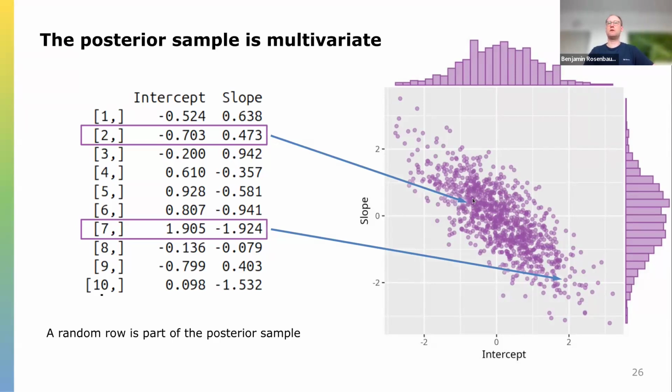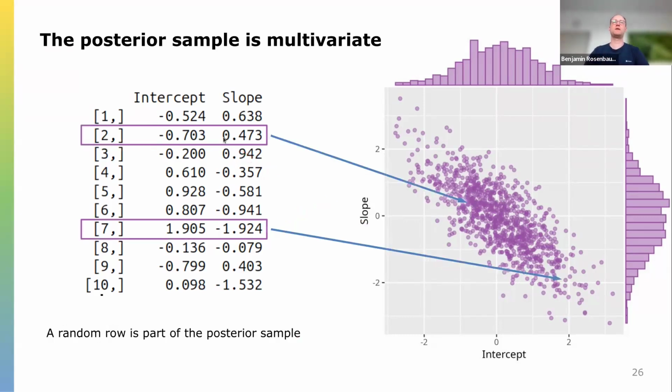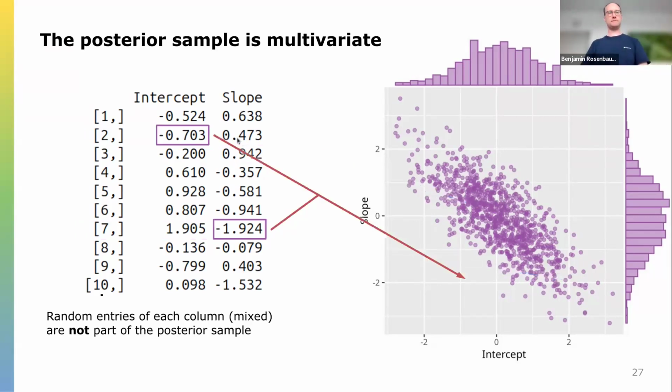Right, so this is one of these many dots here. However, you cannot just take some random entry from the first column and some other entry of the second column. This is not part of the posterior. This combination has not been sampled. Only each row has been sampled. So each sample is a multivariate object.